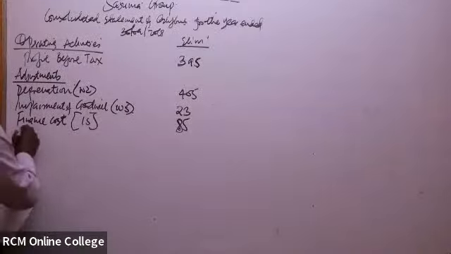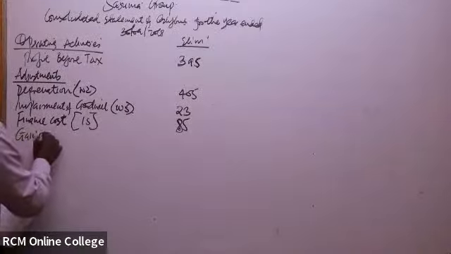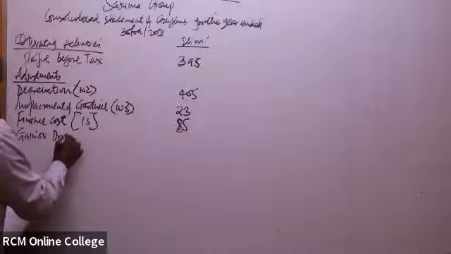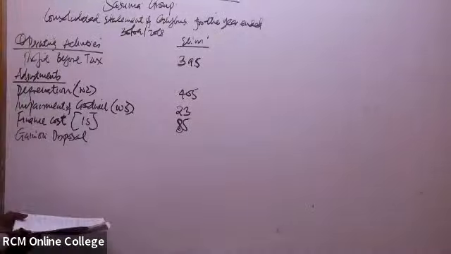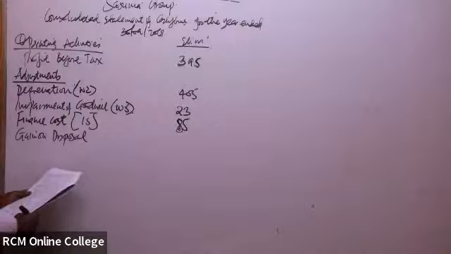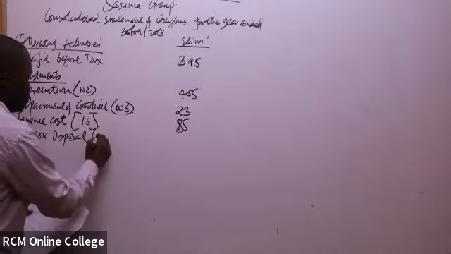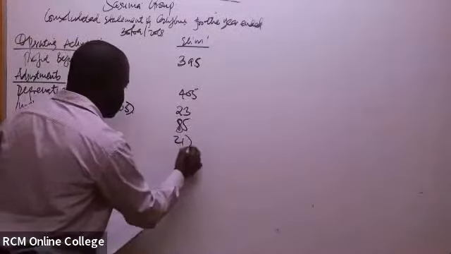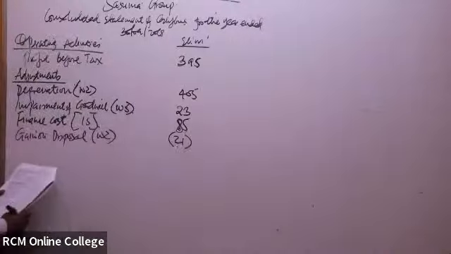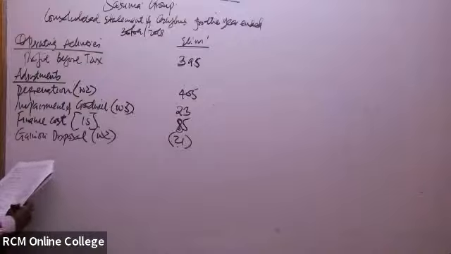Then you have gain on disposal. This one you deduct because it was not a real inflow of cash. If you look at our working number 2 under the disposal account, there's a figure you got of 21. So that gain on disposal, you deduct it.